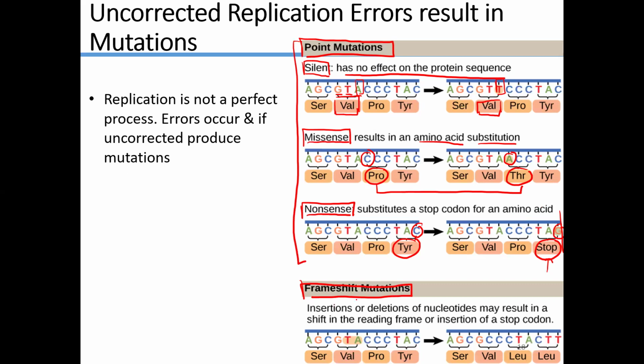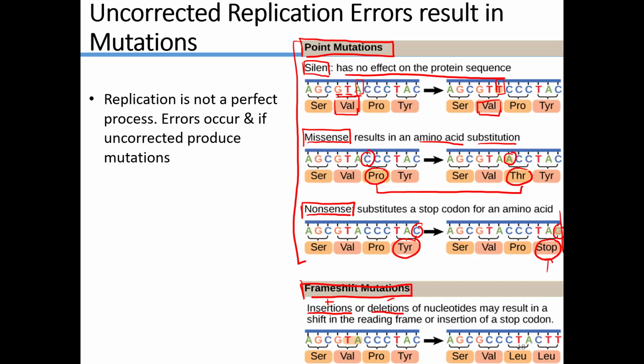Now, when we have a frame shift mutation, essentially we can either have an insertion, an addition of a letter, or a deletion, something taking away. Again, it's going to shift the way we read it, changing our amino acid sequence. Over here, you can see we have SER, VAL, PRO, TRP.